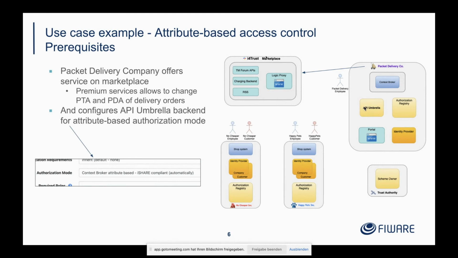Francisco showed in great detail how you can configure an API backend. Mainly the most important part is this authorization mode drop-down, where instead of the role-based access, you need to select the context broker attribute-based authorization mode. Of course, configure the context broker backend, but in the end, basically that's all one needs to do.